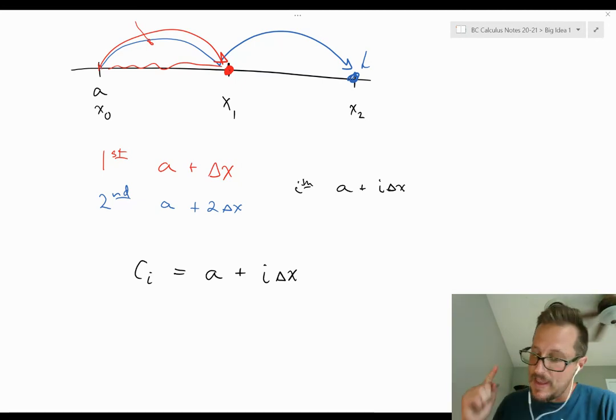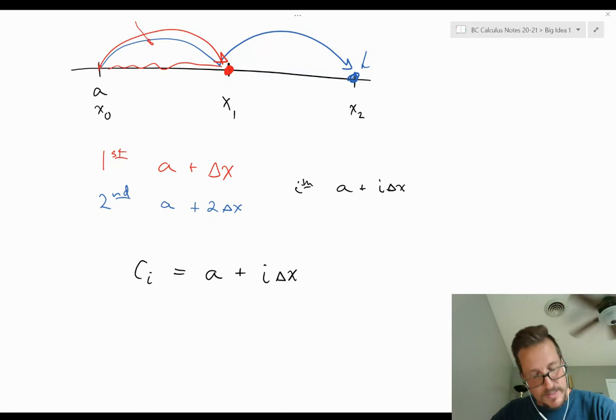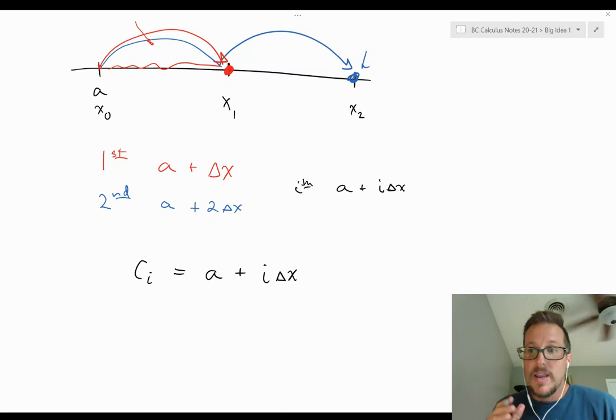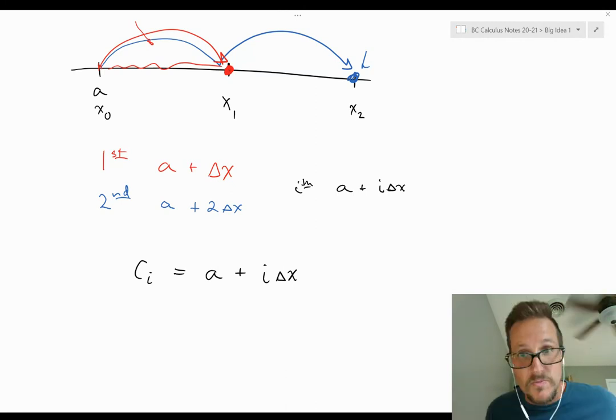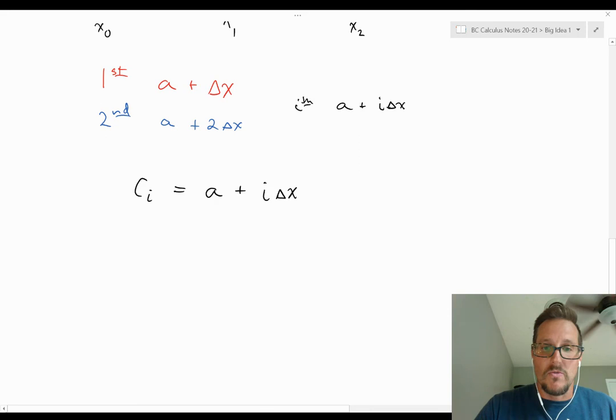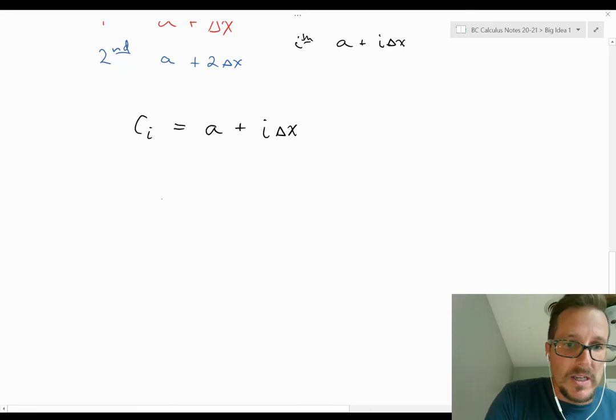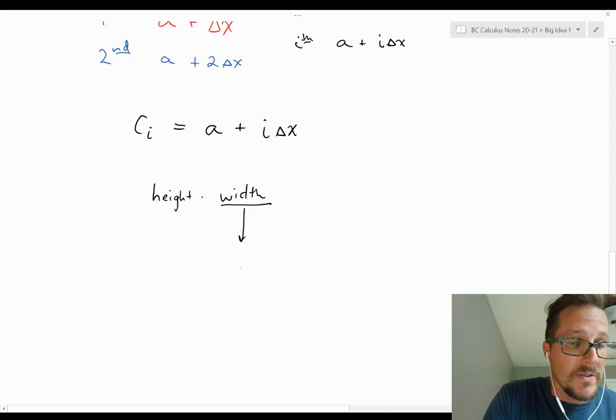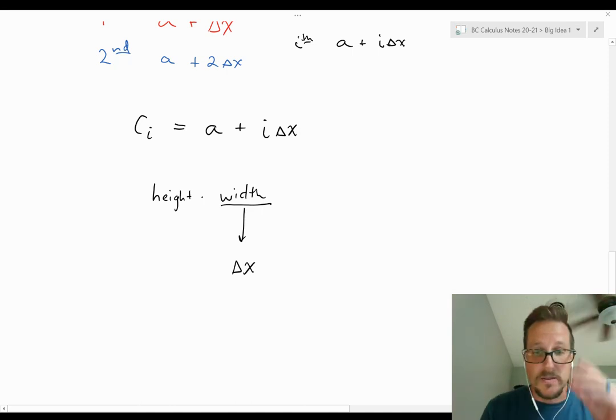Okay, so we've got delta x, b minus a over n. We've got any old c value that's on any subinterval. Now we need to find the areas of some rectangles, right? The area of a rectangle is the height times the width. We know that the width is going to be represented by delta x.